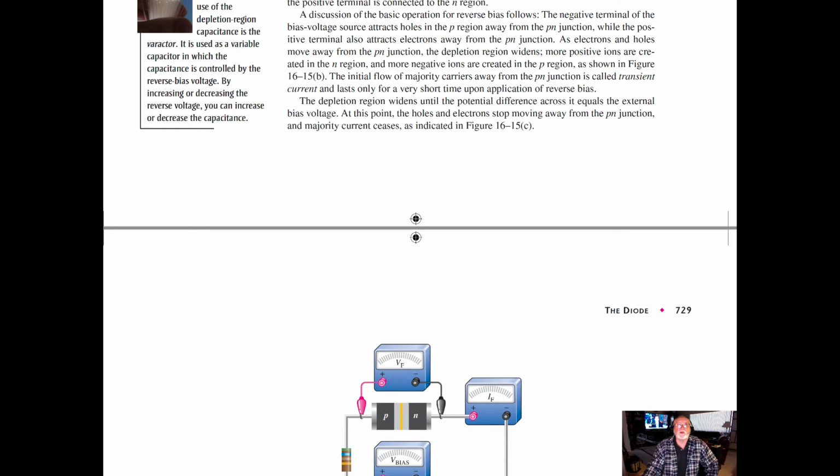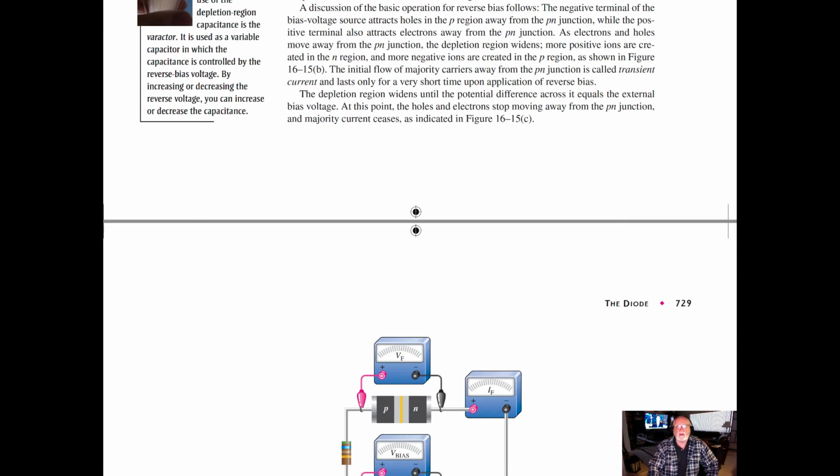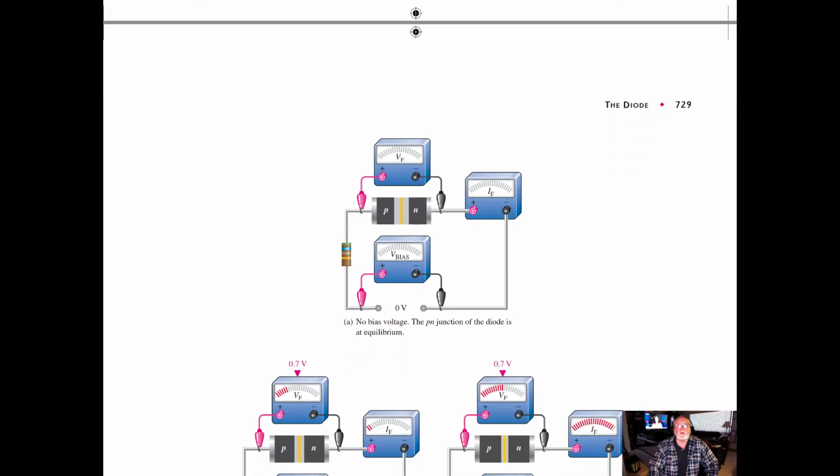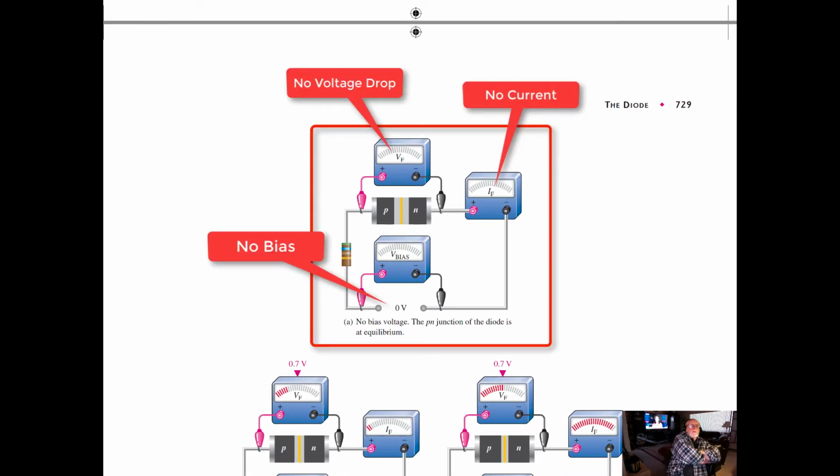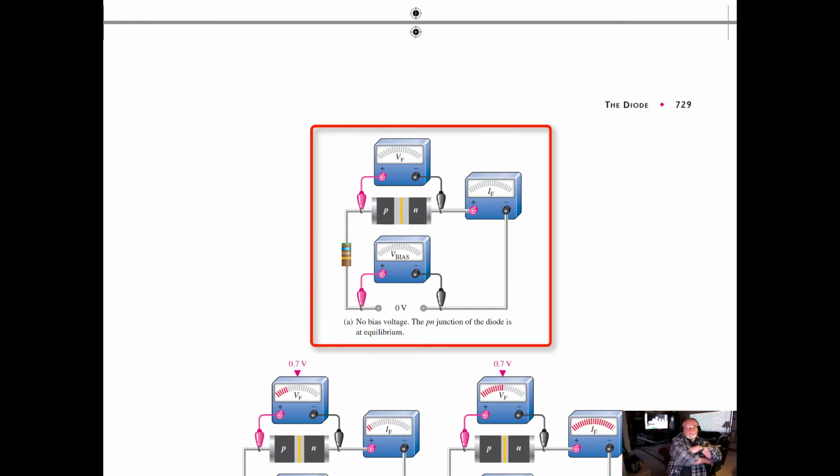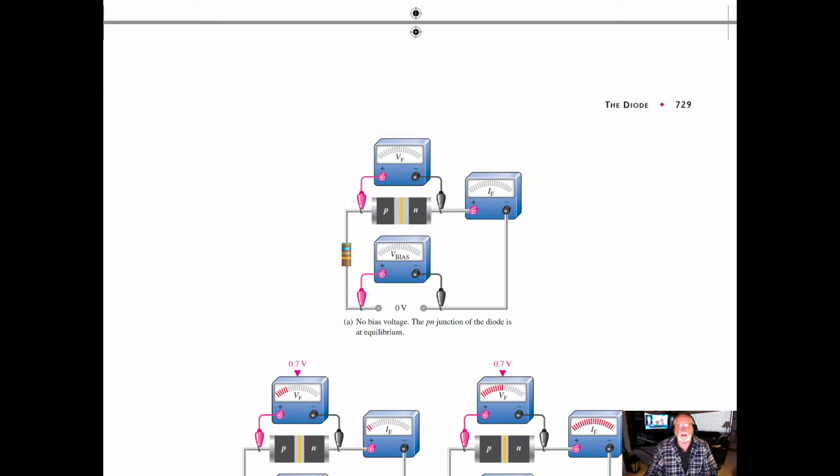The majority current ceases. Okay, so that's how we control the current in a diode, by narrowing and opening the depletion region, putting a forward and reverse potential on the diode so that it is actually exciting the positive and negative, or the electrons and holes, in opposite directions.